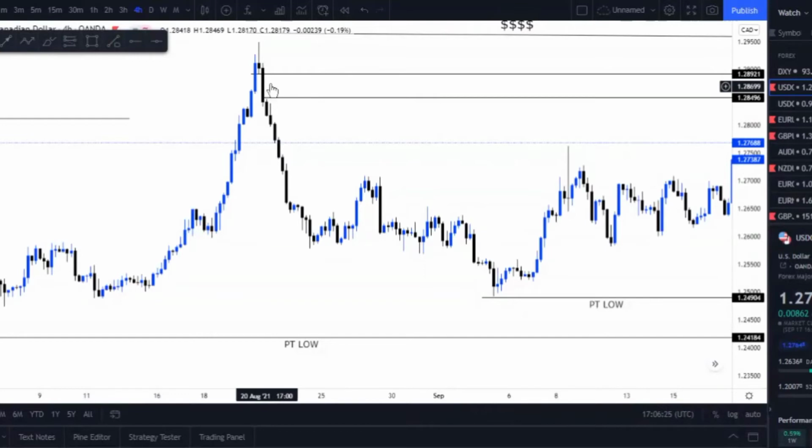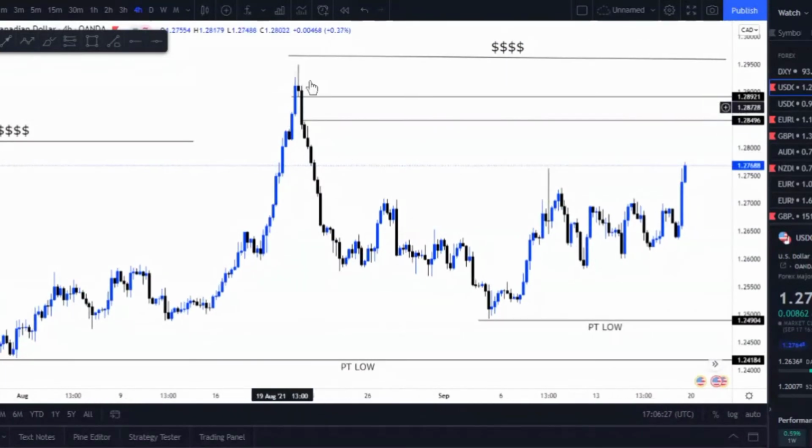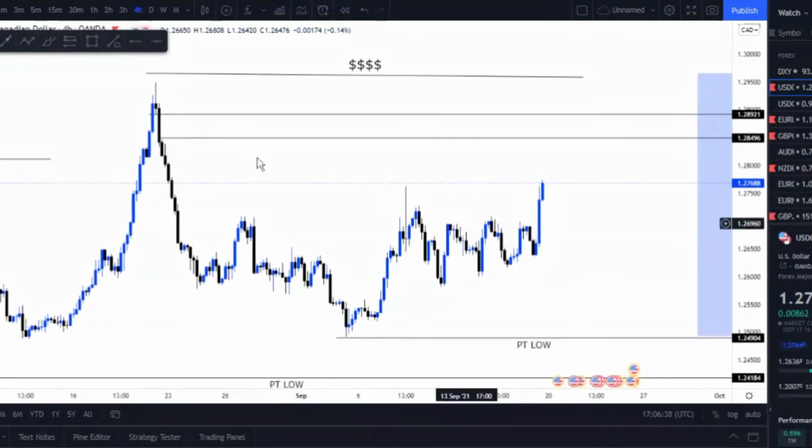This is a space. This is inefficiency in the forex market. This move happened so quickly that many people didn't get to sell in the market. It's also like a market gap, and we want to see it filled.